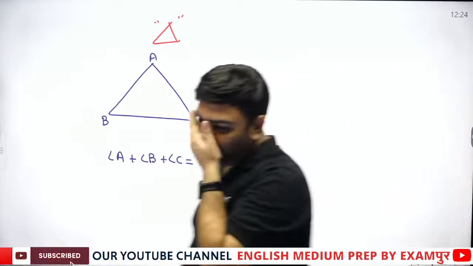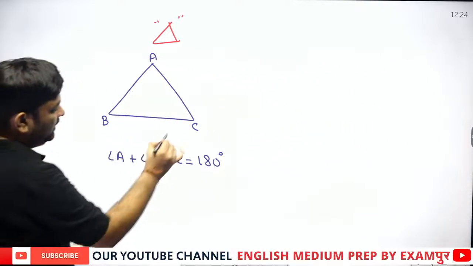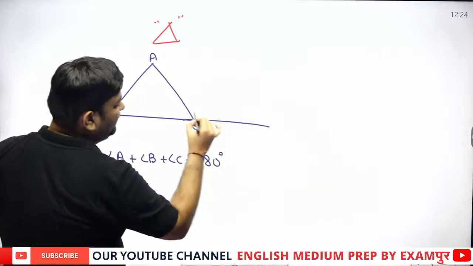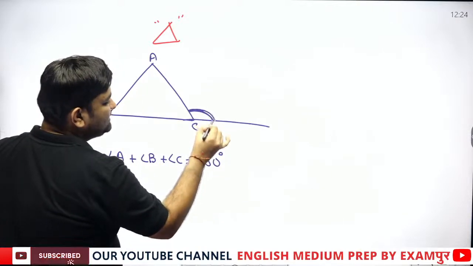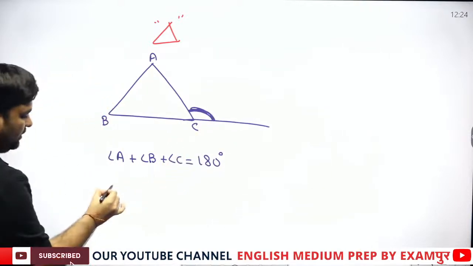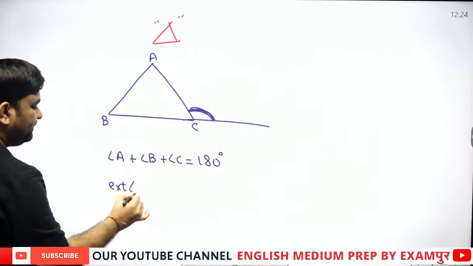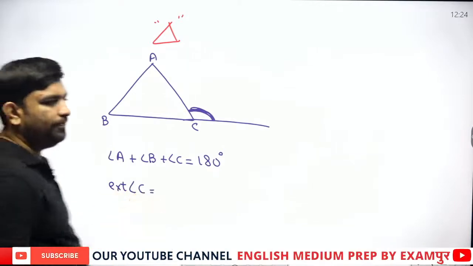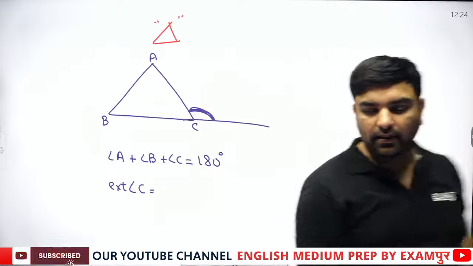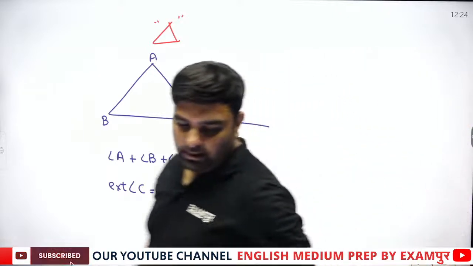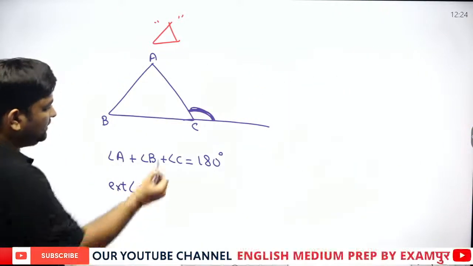Now, this is called the exterior angle of C. Exterior angle C is equal to what?